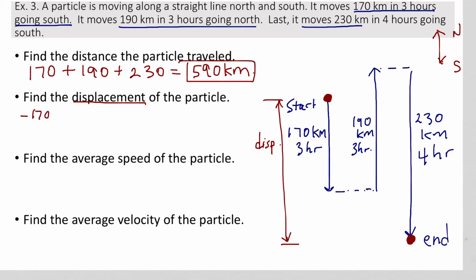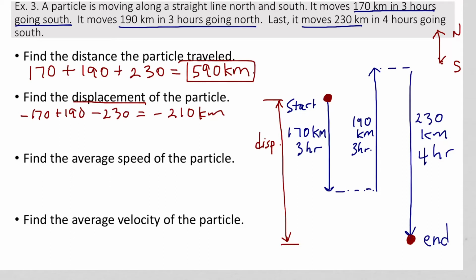So he went negative, and then he turned around and went positive by 190 here, and then he turned around and went negative again by 230. So if you combine all those numbers, take the sum there, you end up getting a negative number, which indicates that he's south of the starting point.